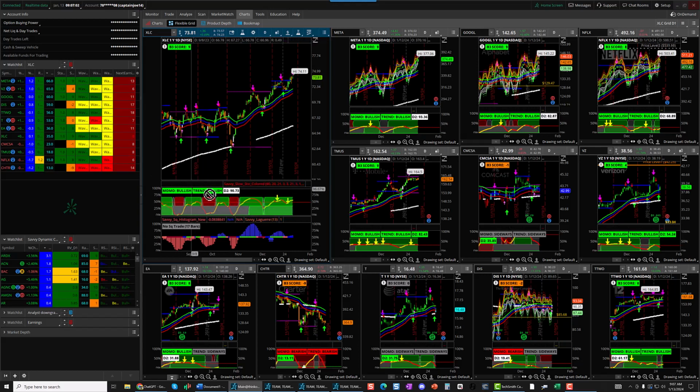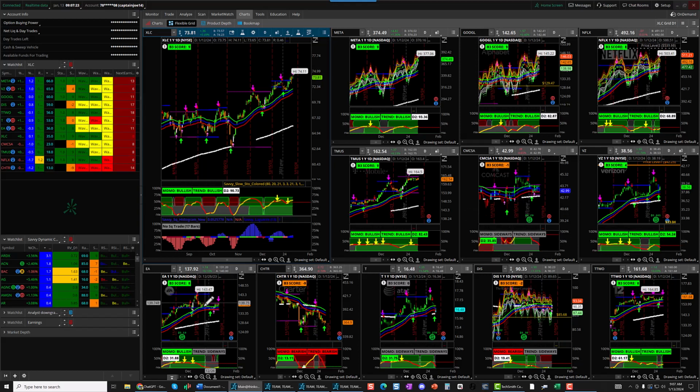And because I have the same indicator on each chart, I can jump from chart to chart and see XLC has strength in Meta, Google, Netflix, TMUS. CMCSA is in a neutral trend.